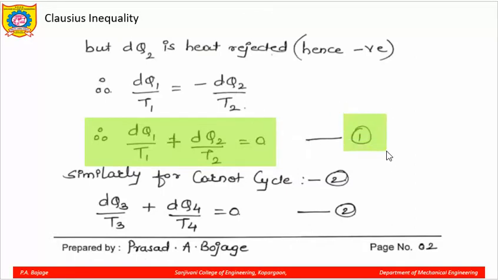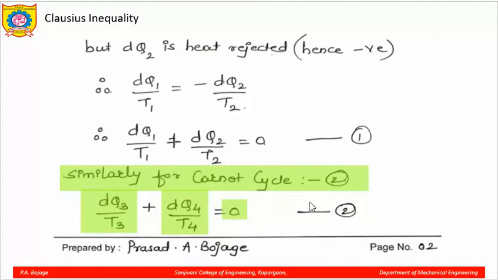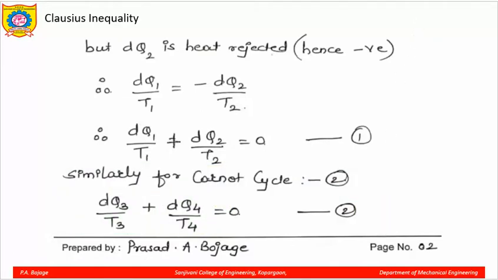Name this equation as equation number 1. Similarly, for Carnot cycle 2, we can write dQ3 upon T3 plus dQ4 upon T4 is equal to 0. You can name this equation as equation number 2. I hope you followed the analysis of 2 cycles using the Clausius theorem.